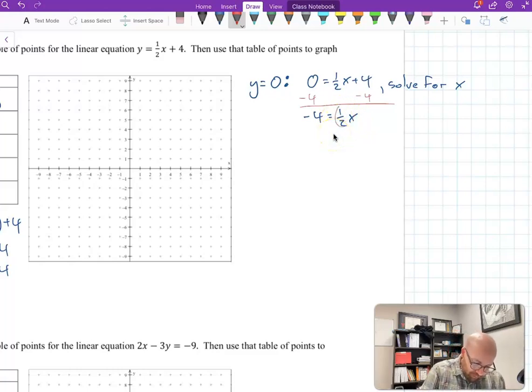Well, we've learned that we need to multiply by its reciprocal, 2 over 1, which is just 2. So the 2's cancel out. You could say that the 1's cancel out. That leaves us with x is equal to 2 times negative 4, which is negative 8, or x is equal to negative 8.